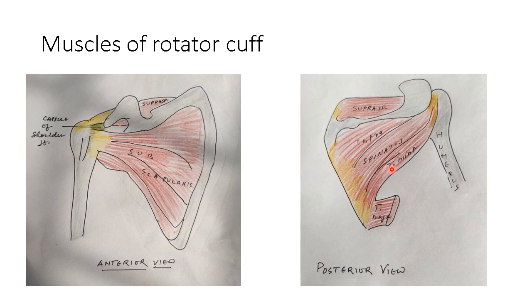Then the third muscle, teres minor, is inserted onto the inferior facet of the greater tubercle of the humerus. These three muscles and the subscapularis muscle tendon form a fibrous sheath, and they blend with the capsule of the shoulder. They form a tough cover around the shoulder joint.